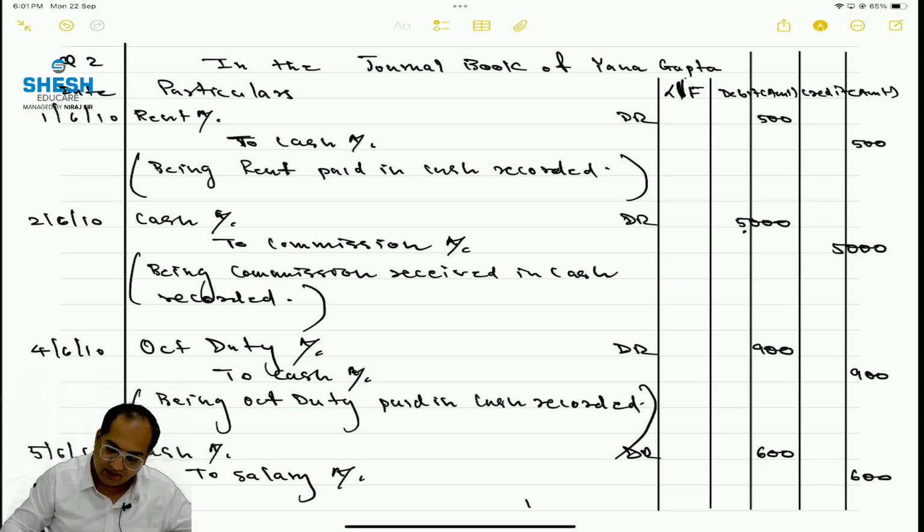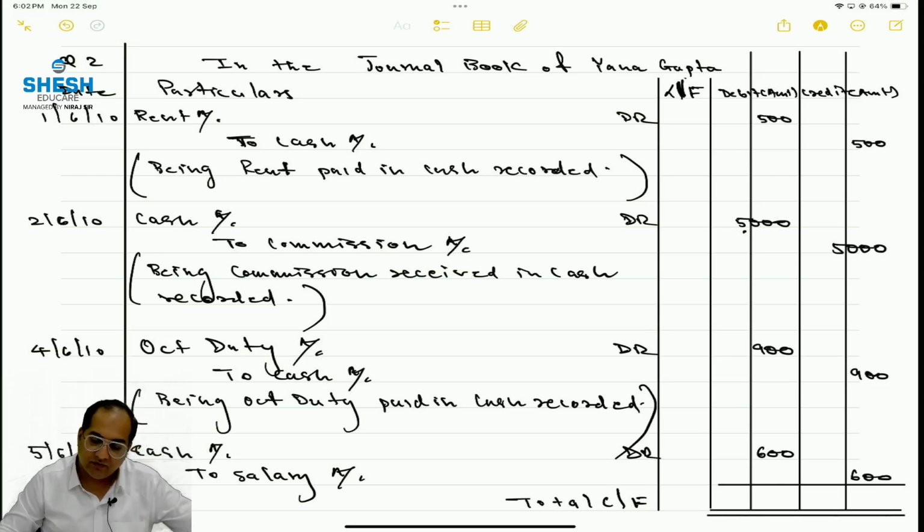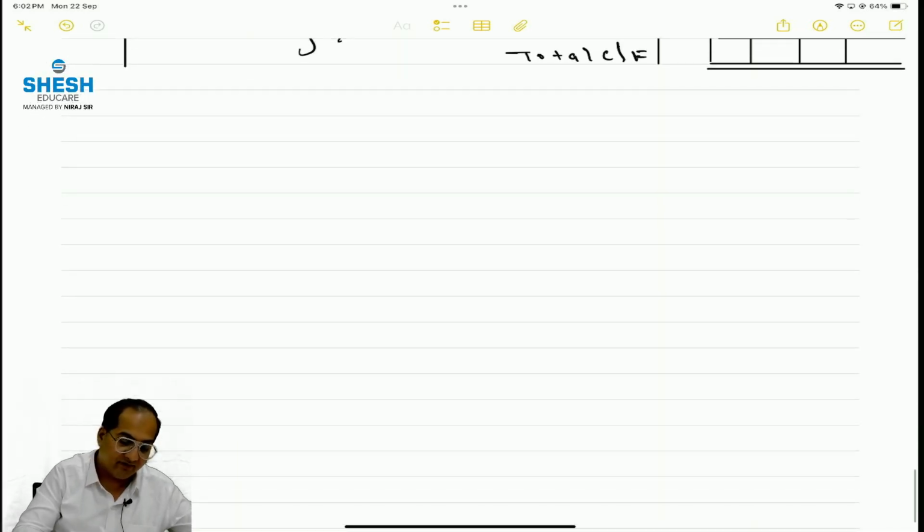I should have written the narration here, but here I will write total carried forward, because my first page is coming to an end. And I will total all these amounts.